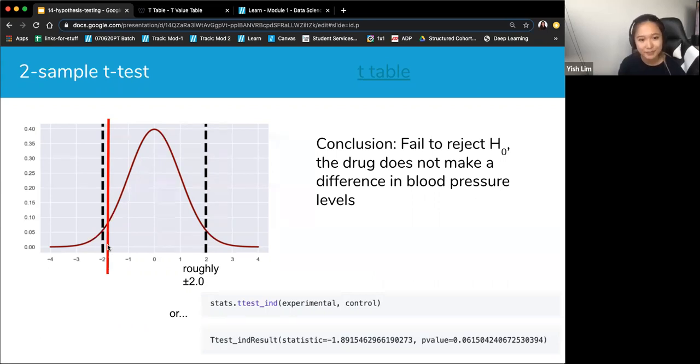Generally it's 0.05. But let's say this drug is very, very expensive, or there are a lot of side effects, you would want to set a lower alpha so that you're very, very sure that it works and that it's not working by random.